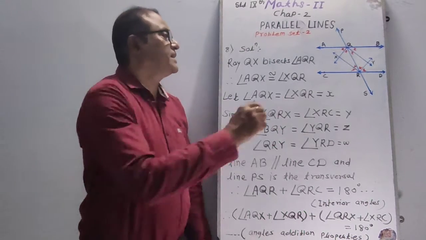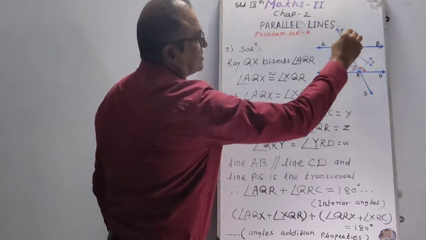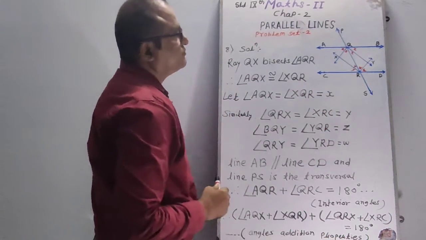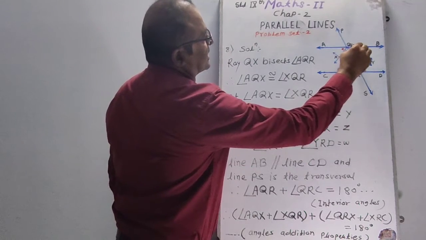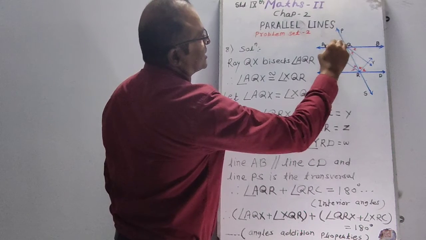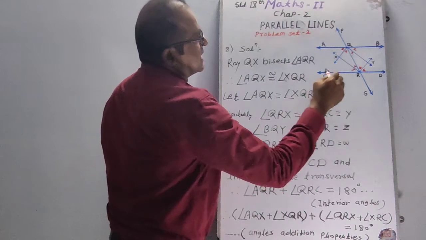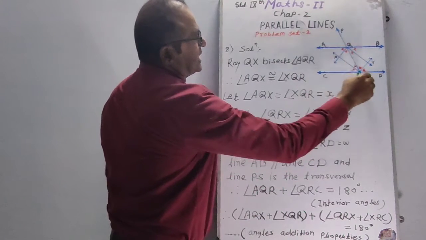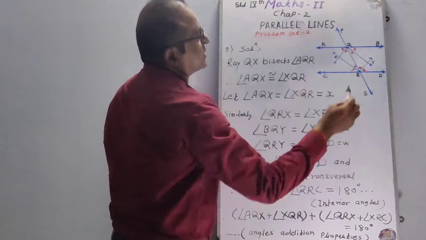First draw line AB and line CD and transversal PS. In this figure, ray QX is the angle bisector of angle AQR, and ray RX is the angle bisector of angle CRQ.